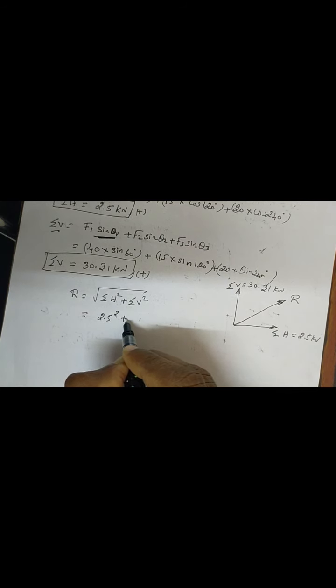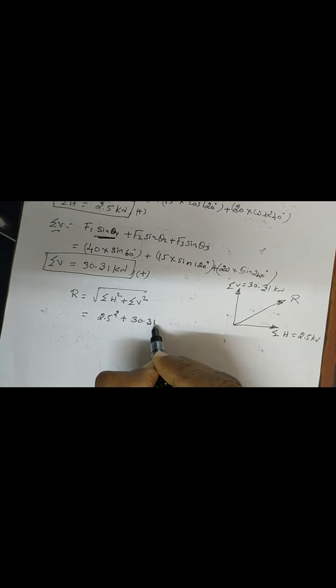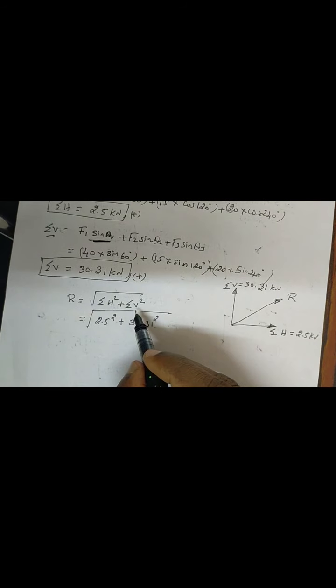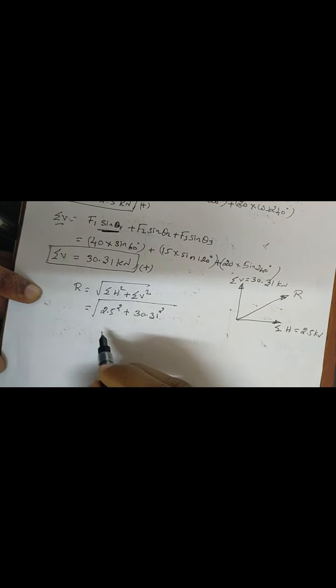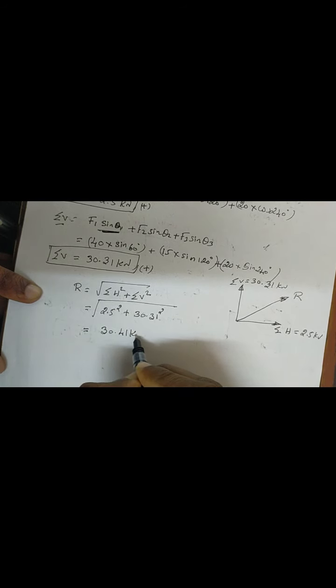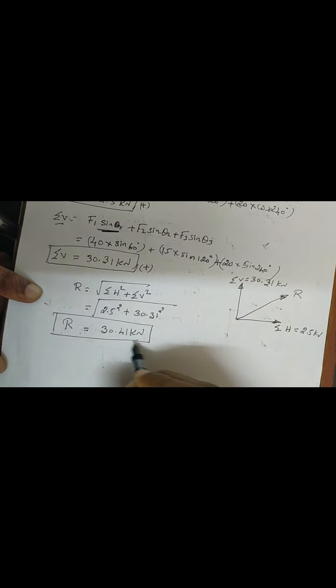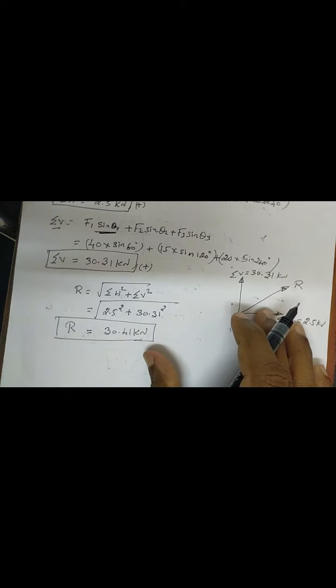So 2.5 square plus 30.31 square. When you solve this equation, you will get the value 30.41 kilonewton. So resultant force R equal to 30.41 kilonewton.